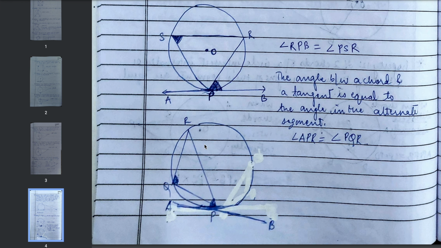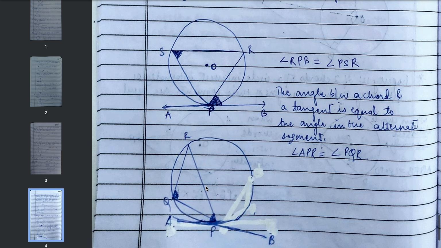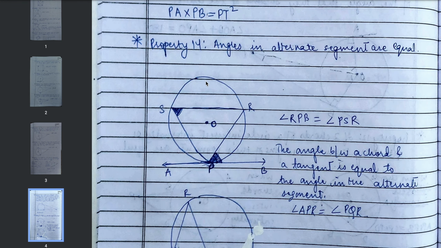RP is the line it's making the angle with, so the angle in front of RP will be the one in the alternate segment. So in this case, angle APR is equal to angle PQR. I hope you understood the trick and the whole property.